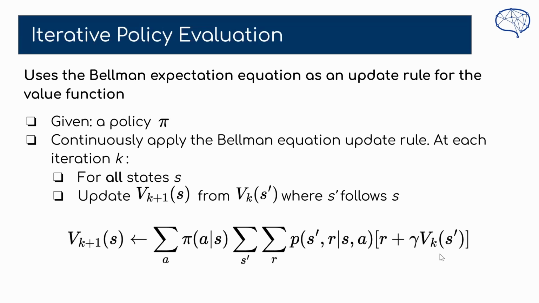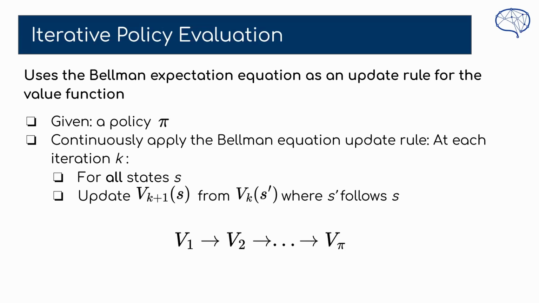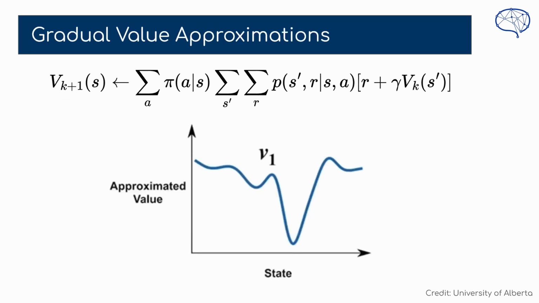Sorry, one second. It will be more clear when we do a walkthrough example of this. But you do this for many iterations, and eventually you'll reach the values for this policy. So let's say maybe at your first iteration, this is what your values look like.